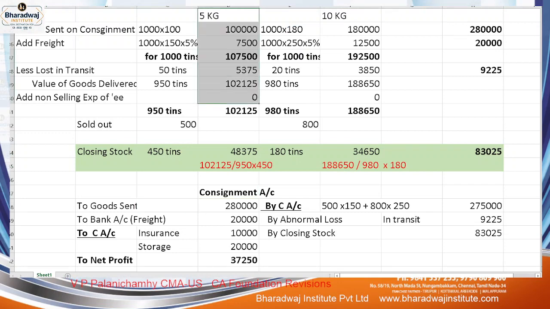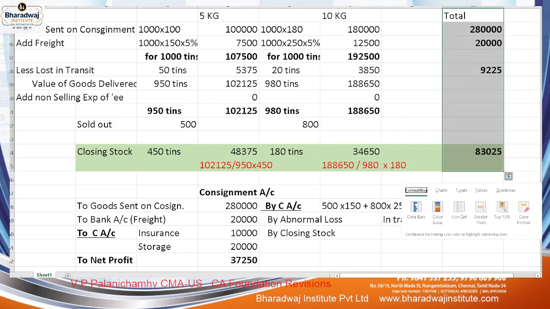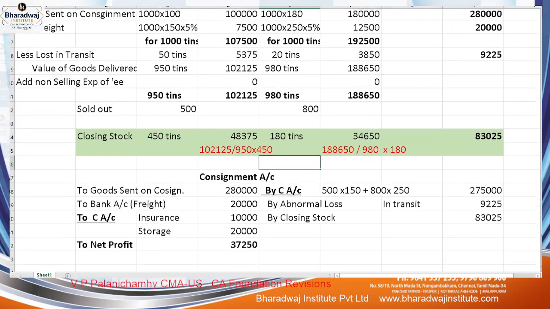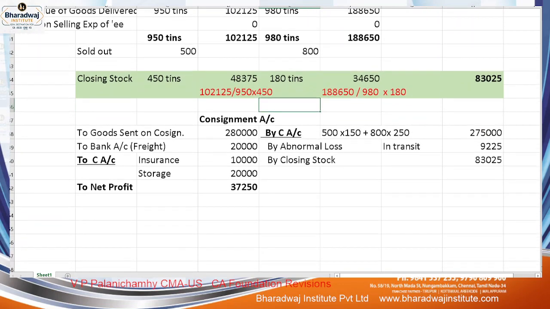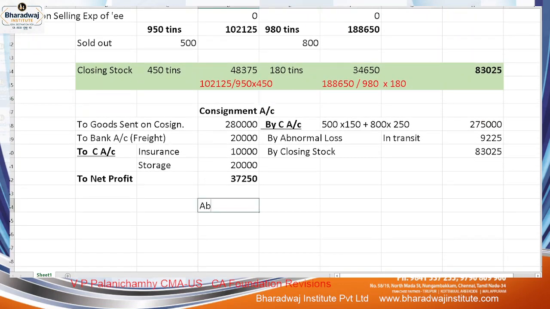So we need to value 5 kg and 10 kg tins separately and ascertain the values. So when you are asked to prepare abnormal loss account, you will do this.